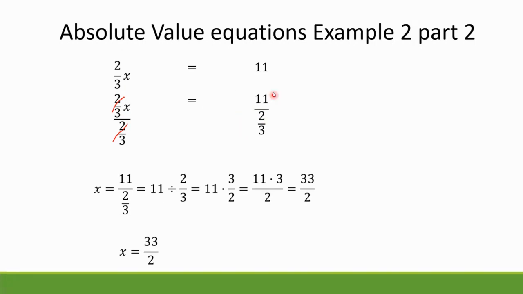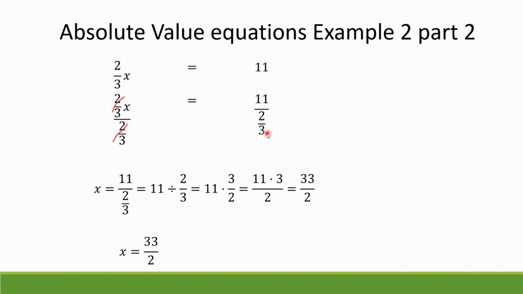Theoretically, this is right, but it's really not nice to leave it in this form. It's really better to write this in an easier way. You don't want to leave it like this.